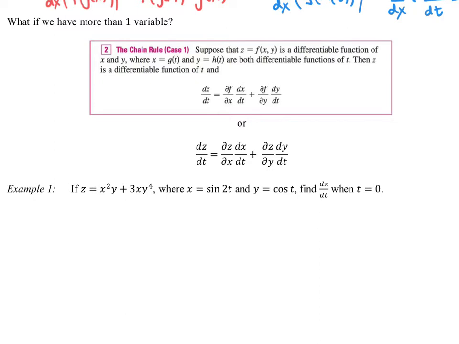We're going to try to calculate the derivative of z with respect to t. So dz dt is what we're shooting for. And remember that z is made up of a function of x's and y's, and x and y is made up each of a function of t. And our formula is to take the partial derivative of the function, which is z, multiplied by the derivative of x with respect to t.